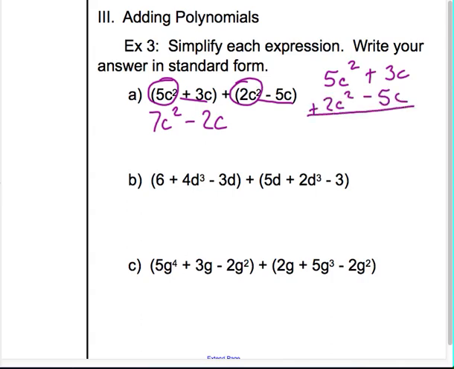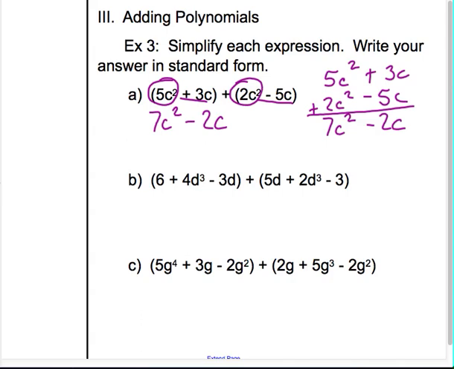Then we draw the line, and then we can just add top down. So again, looking at our first term, we've got 5c squared plus 2c squared, so we combine that to 7c squared, and 3 minus 5 gives us a negative 2. So you will always get the same answer as long as you're combining your like terms correctly. It's just which method you prefer of organizing your work in order to see what the answer is.